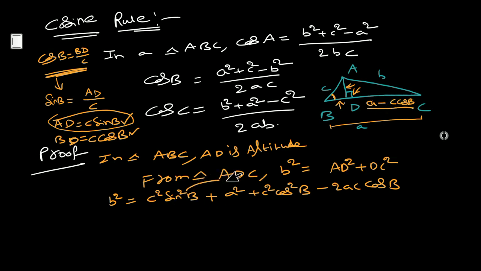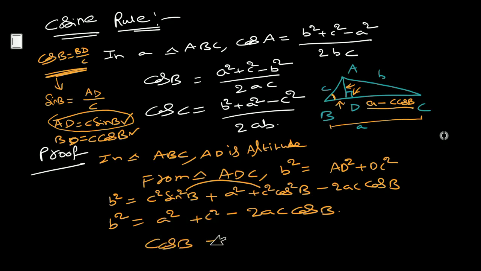So you can see by taking C square common, it becomes A square plus C square, and the identity sin square B plus cos square B is 1, minus 2AC cos B. So I got B square is A square plus C square minus 2AC cos B. What is the value of cos B?